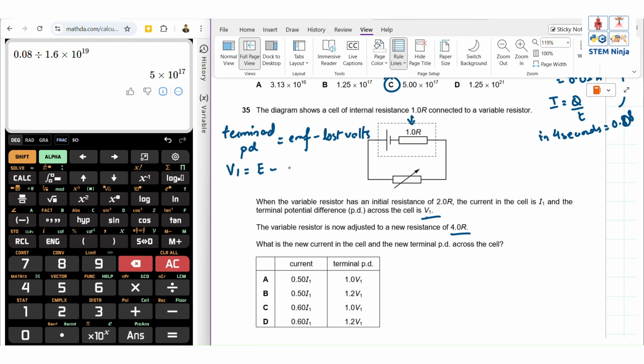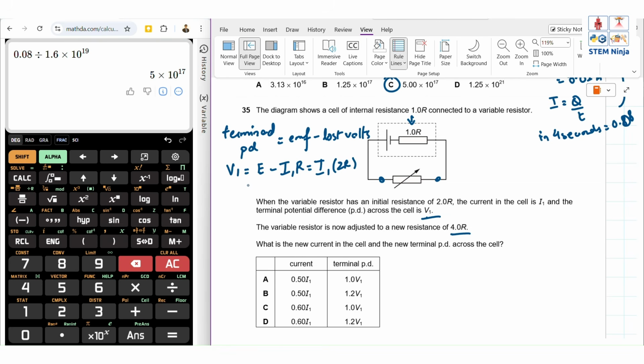Lost volts is 1R times the current, let's call it I1, R, and this is equal to terminal potential difference. This would be equal to the potential difference across this, I1 times the previous 2R.